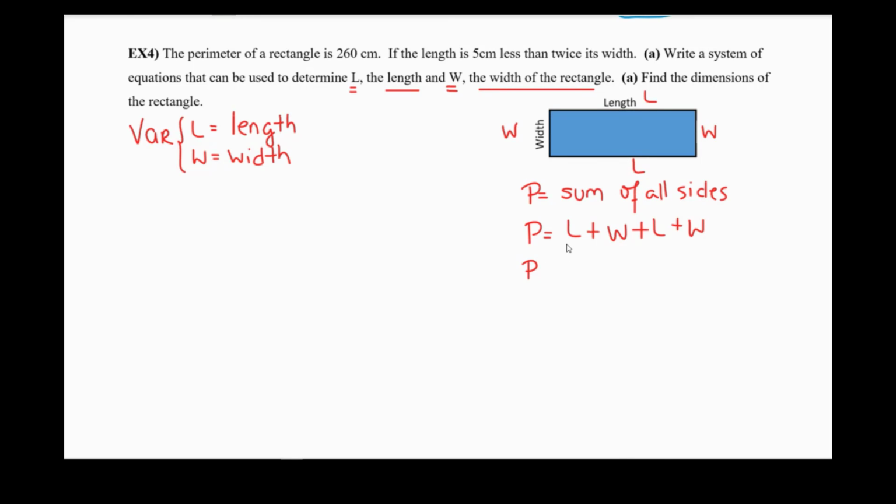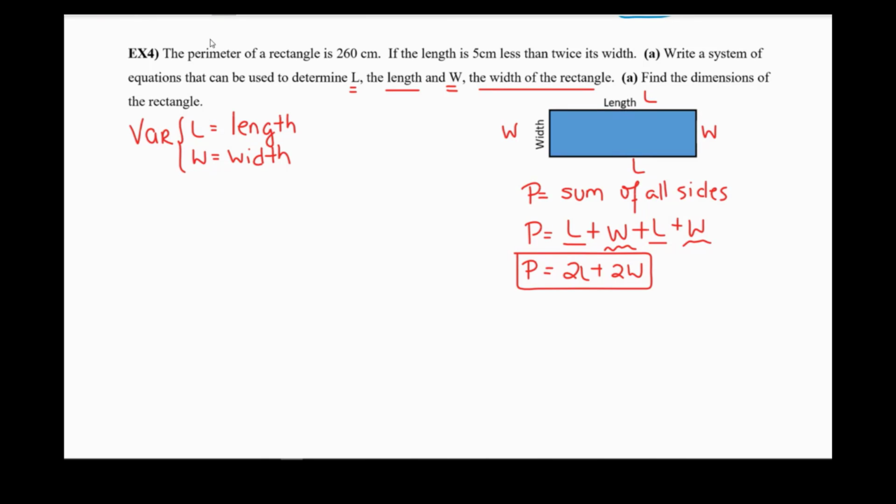If I combine like terms, then this would be 2L plus 2W. And this is a formula you want to remember, the perimeter of a rectangle.